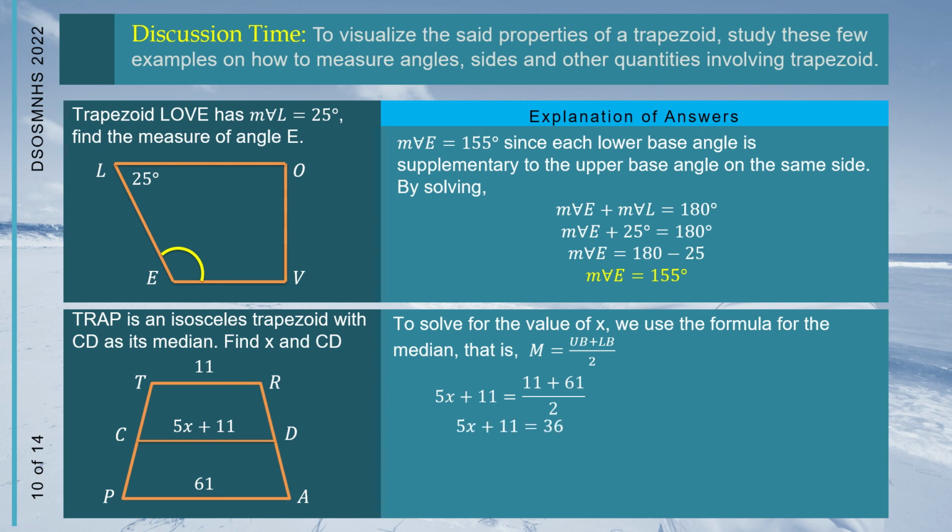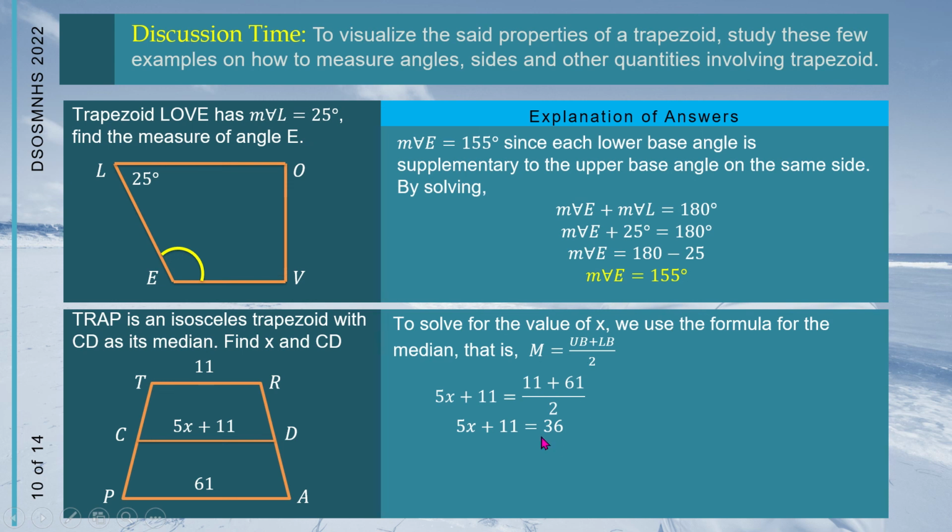So that will become, pwede gyapon i-cross multiply or i-divide, i-add ang gibuhat nako dinhi, i-add nako ang numerator on the right side. 11 plus 61 is 72. 72 divided by 2 is 36. So pwede ra i-cross multiply, pwede gyapon i-add ang right side and divide by 2.